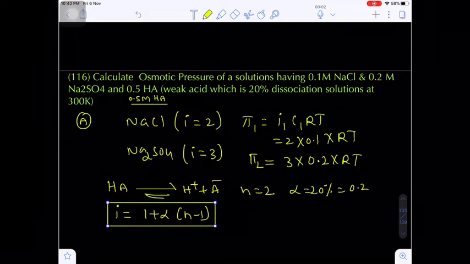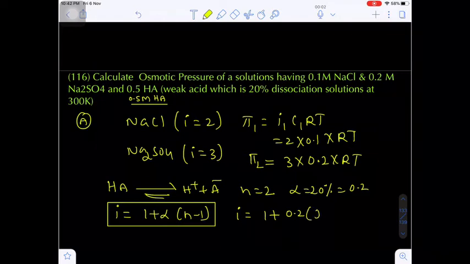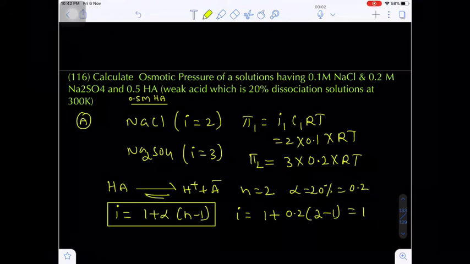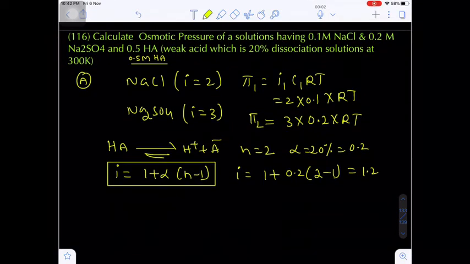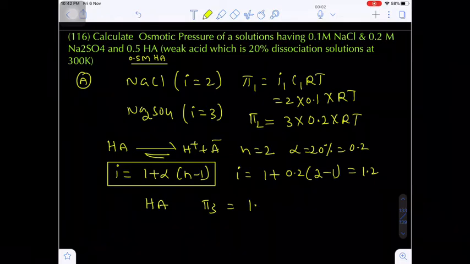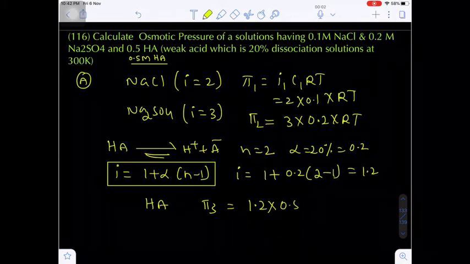Now here iota is equal to 1 plus alpha value 0.2, n value 2, 2 minus 1, 1. So here iota value is 1.2. Now for the third solution HA, the osmotic pressure pi 3 will be equal to iota 1.2 into its concentration given 0.5 into RT.